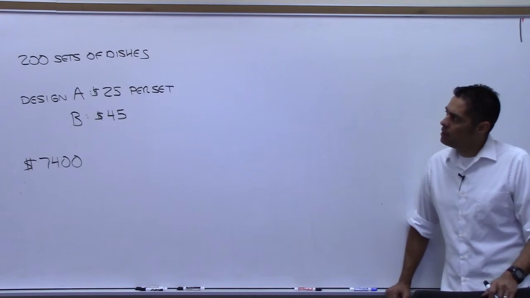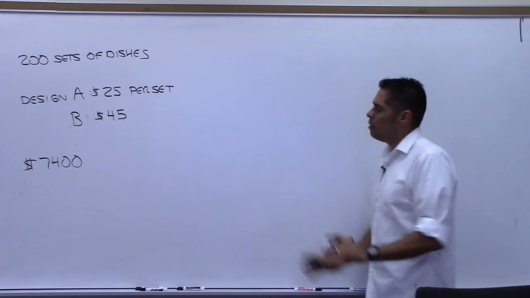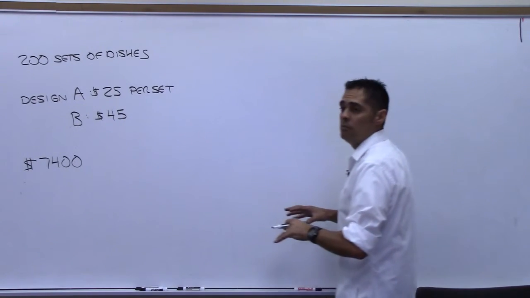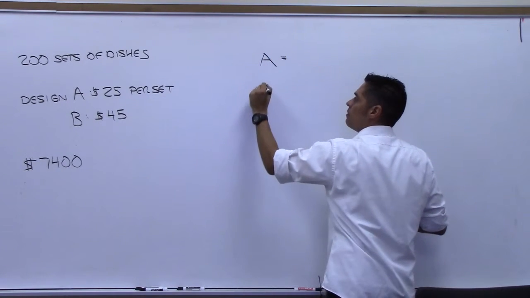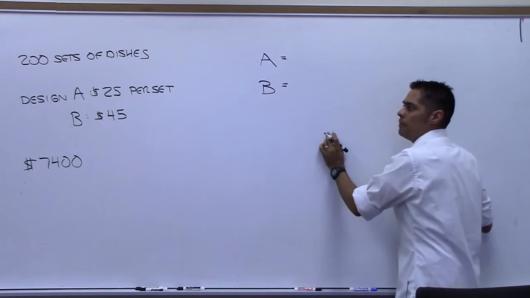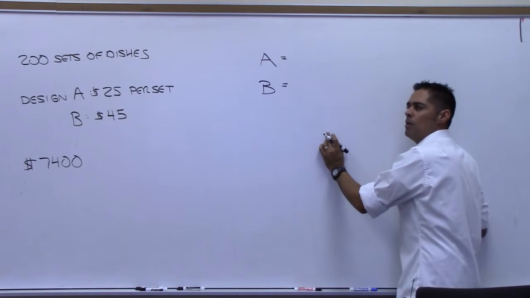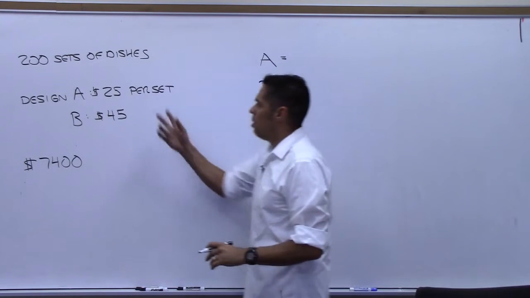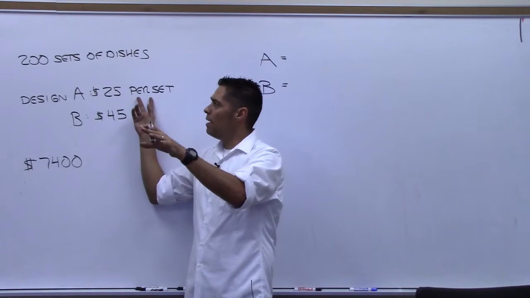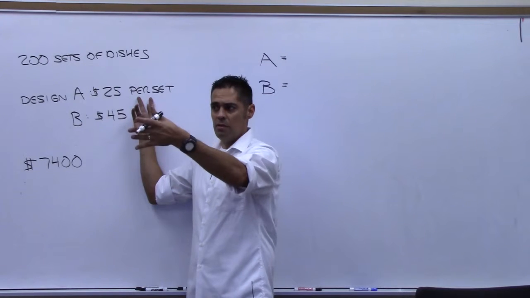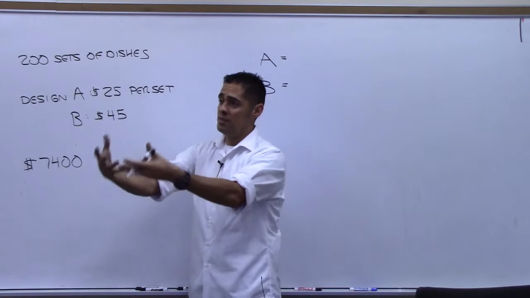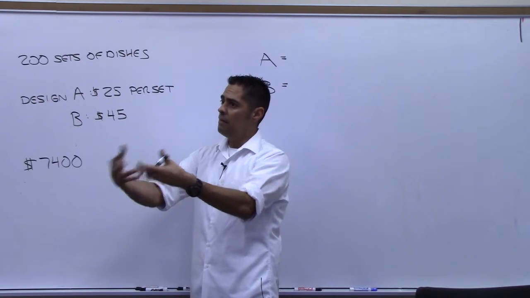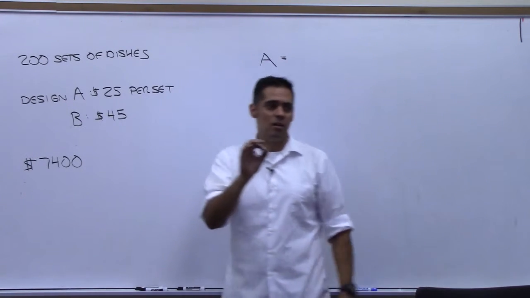Well, no, we have to write down what is A. So we've got to establish what A is. $25 a plate? No, the set. Design A costs this much per set. You just told me that A plus B had to be 200, so A is not $25 per set. A is the number of sets, isn't it? Let's be clear on what we're defining.